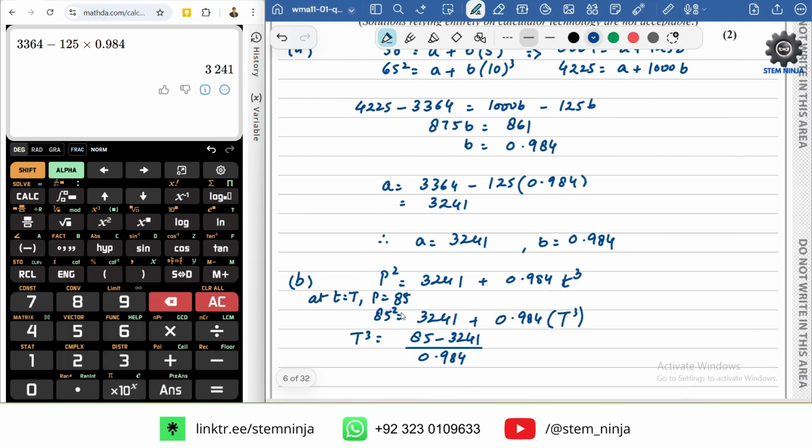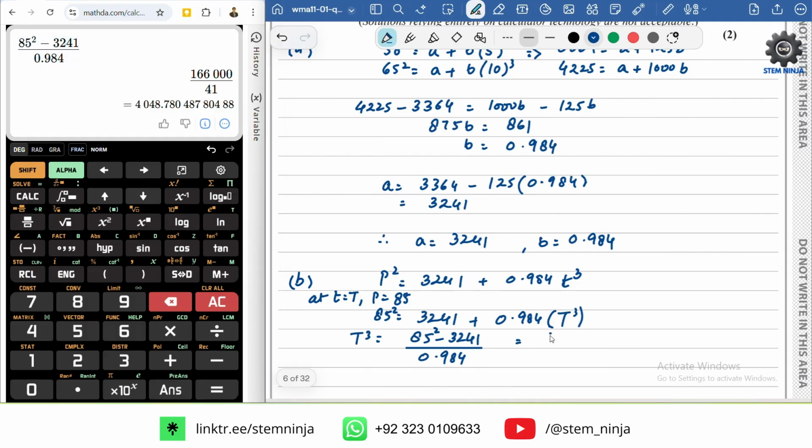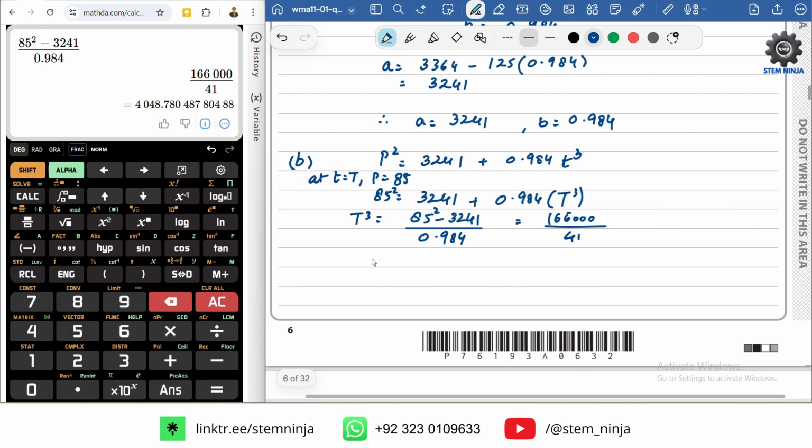Oh, sorry, this is 85 squared. So 85 squared minus 3241 divided by 0.984. We'll leave it as it is, right? So 166,000 divided by 41. So T is going to be the cube root of this value.